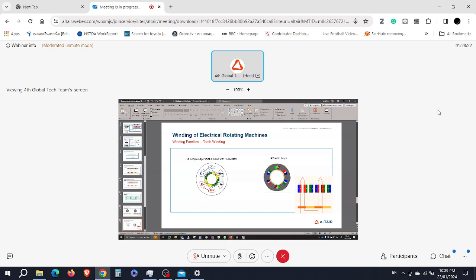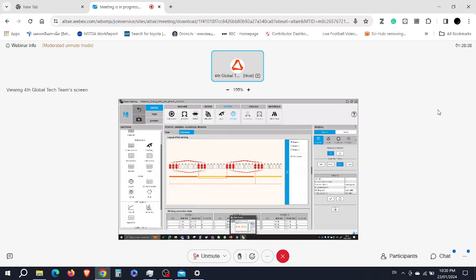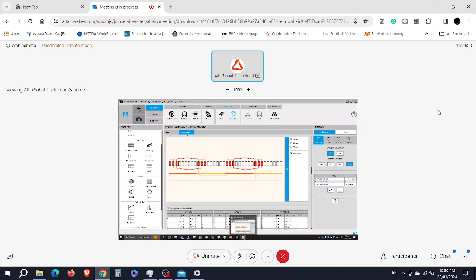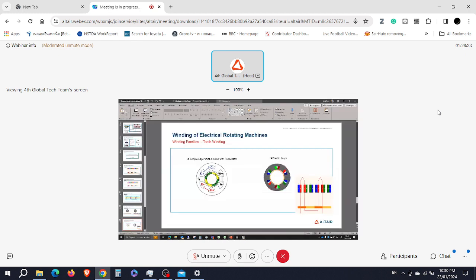The simple layer is not available directly from what Flux Motor proposes, but this is something you can do in expert mode. So you can create your own winding and create this simple layer tooth winding. Then if you have a double layer winding, this is something you have directly in Flux Motor, and it can propose directly.